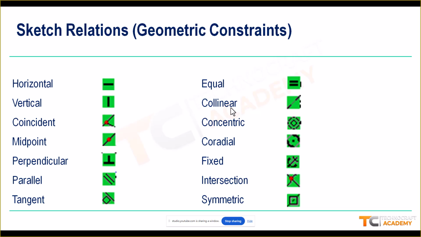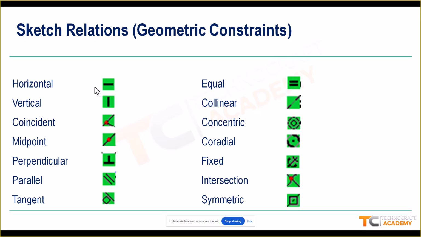Now, as I said about the geometrical constraints, these are a few important ones. The first one is horizontal. Next one is vertical. Next is coincident, where a particular node is fixed at a particular node.